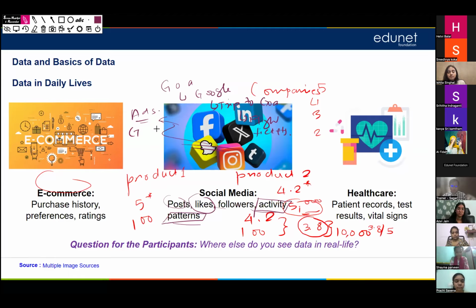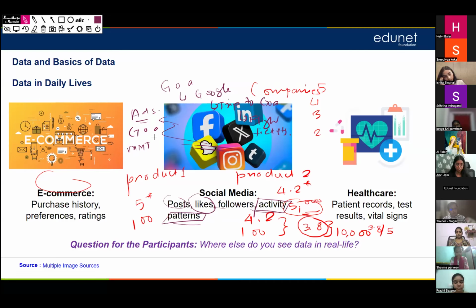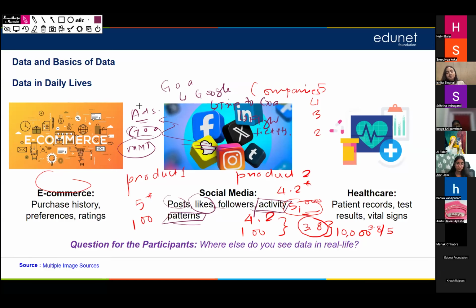It might not be Goa, but suddenly you get Make My Trip, suddenly you get some other tour. The ads start popping up when you scroll Instagram or your other applications. How many of you have noticed this? Yes, sir, it happens.